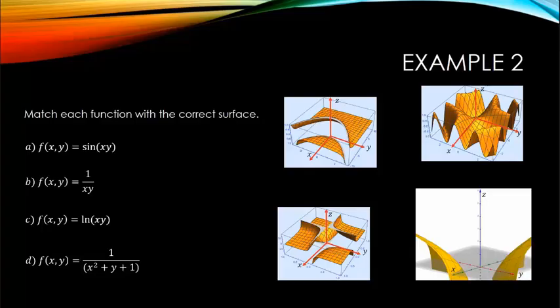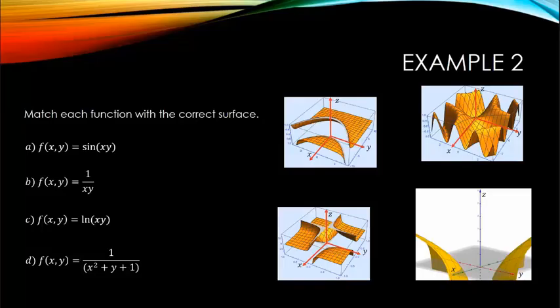These graphs are fairly complicated and extremely difficult to describe, but we can get a lot of information from the function itself to help us determine which of the graphs will most appropriately match the function itself. The first function, f of xy is equal to sine of xy, is a function that is continuous for all real numbers of x and y.